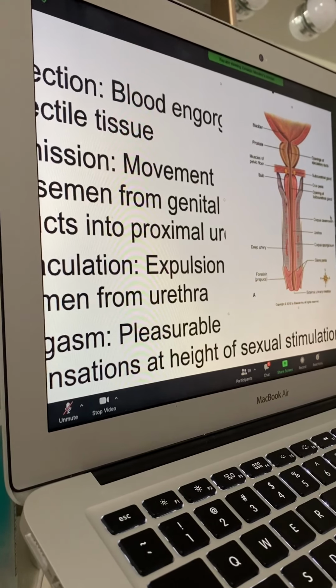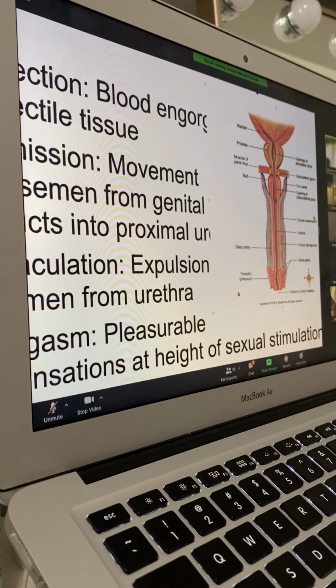And then orgasm is a pleasurable sensation at the height of sexual stimulation. After erection and emission, when the sperm is ejaculated, it will now be innervated by your sympathetic. There will be decreased blood flow to the erectile tissue.